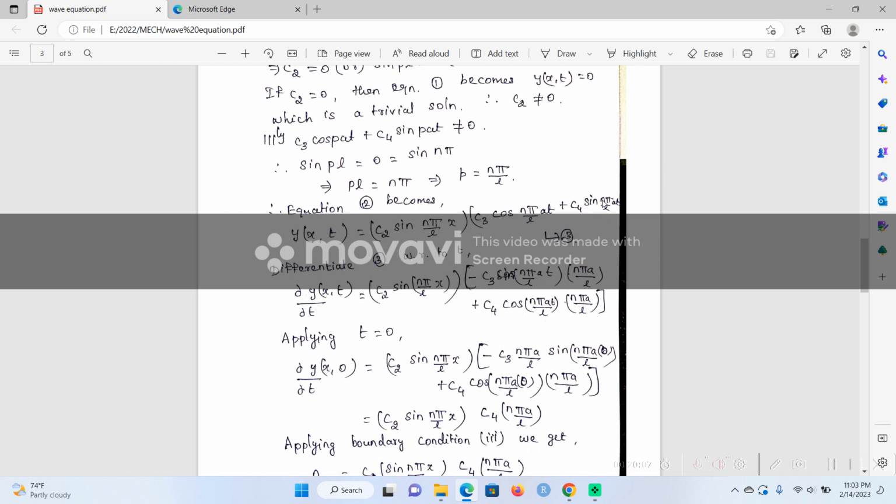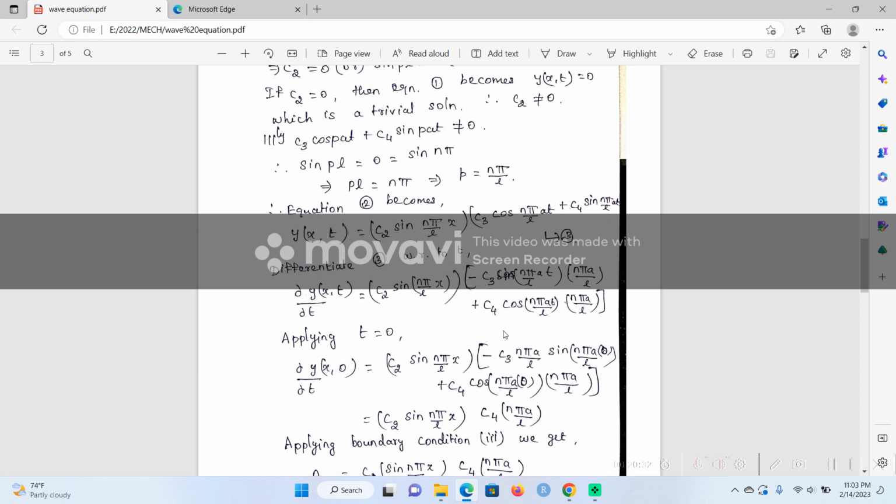So it is cos n pi by L a t into derivative of t will be n pi by L a. So now we have to put t value 0 here. So it is dou y by dou t of x comma 0. So putting t as 0, it is cos 0. Cos 0 value is 1.